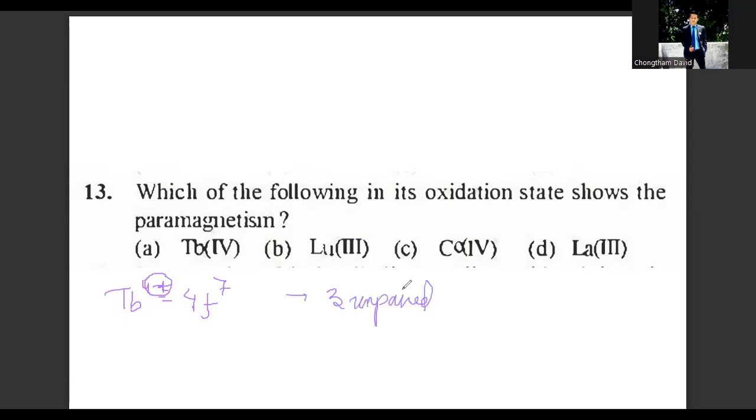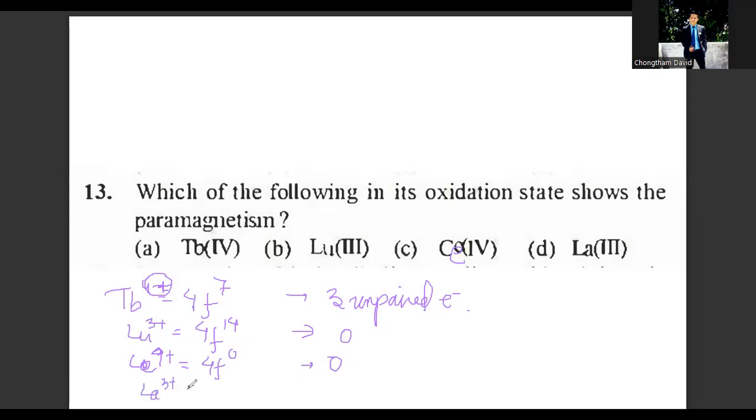In the case of lutetium 3 plus, it is in the configuration of 4f14, so 0 unpaired electrons. Similarly, this is cerium, not cobalt. Cerium 4 plus configuration would be 4f0, so 0 unpaired electrons.